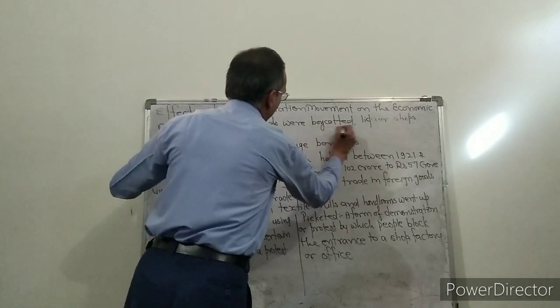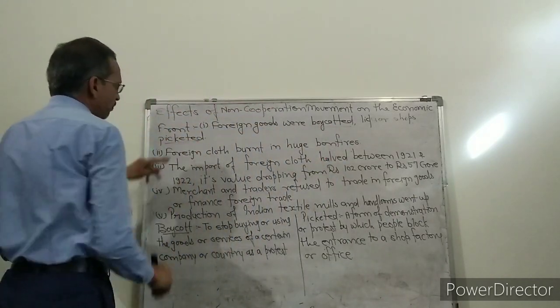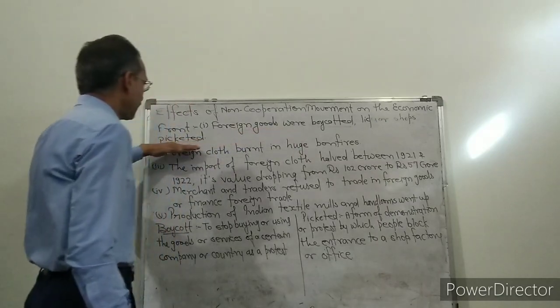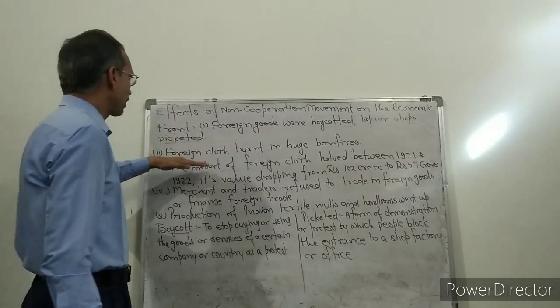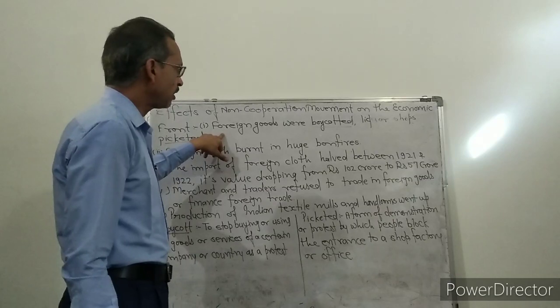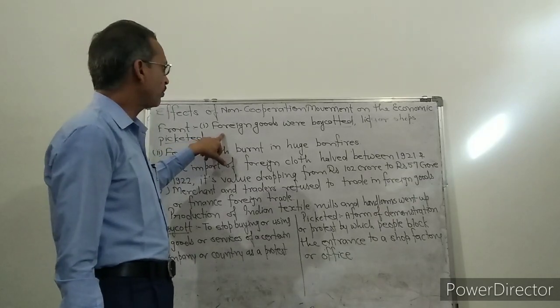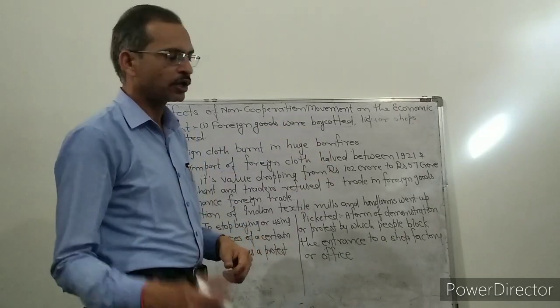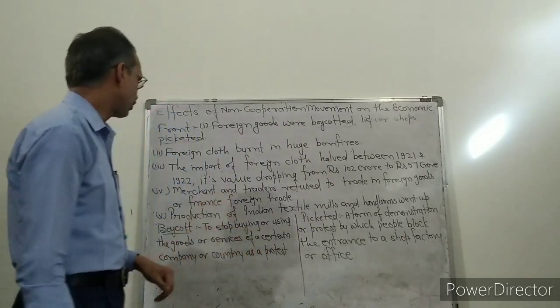Boycotted and picketed, two words are there. I will explain after this. They have different meanings. First effect क्या रहा कि इंडिया में लोगों ने विदेशी चीजों को बाइकआउट करना शुरू किया, उनका यूज करना बंद कर दिया, विरोध करना शुरू किया.